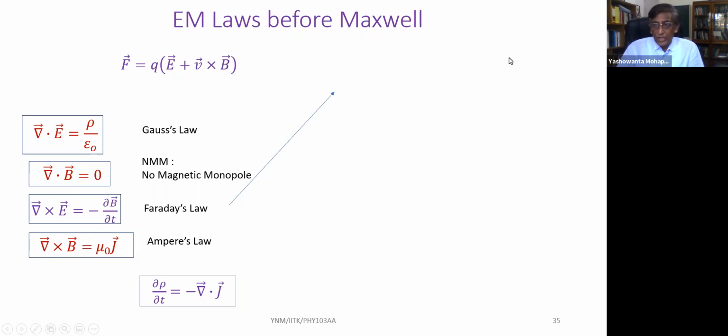So Faraday's law, of course, okay, if I take Faraday's law and take a divergence of this curl, then the divergence of this curl is divergence of minus del B by del t. And if I now use no magnetic monopole, divergence of B equals zero, then this is equal to 0.